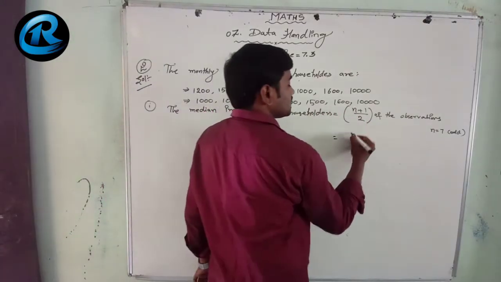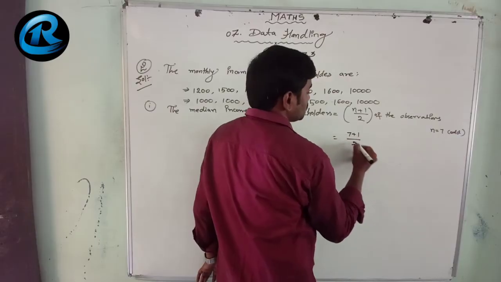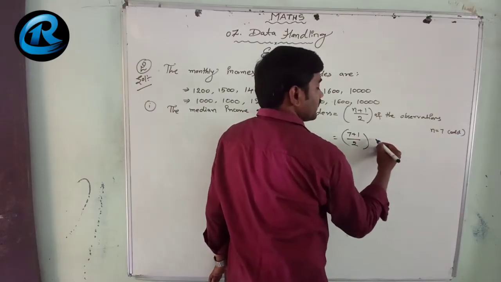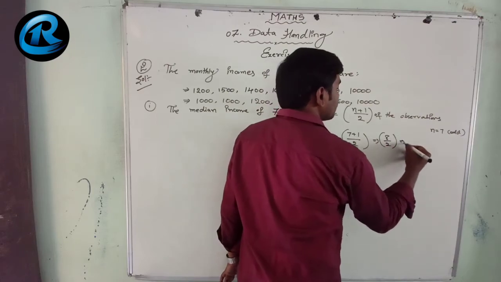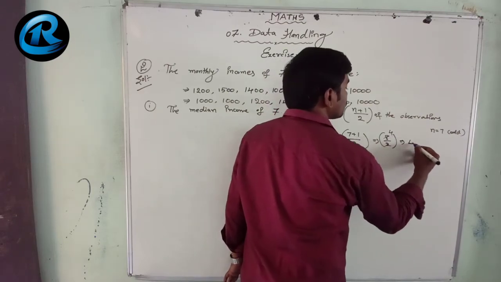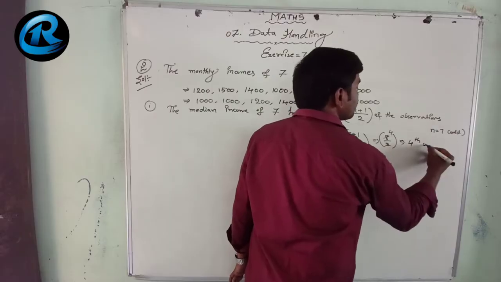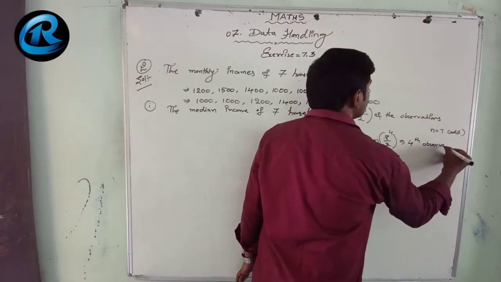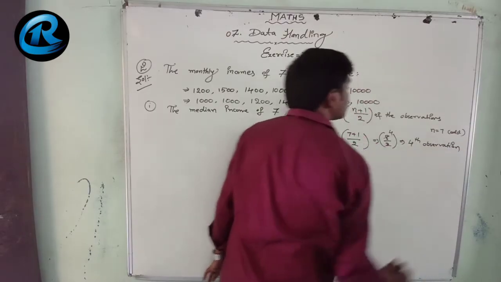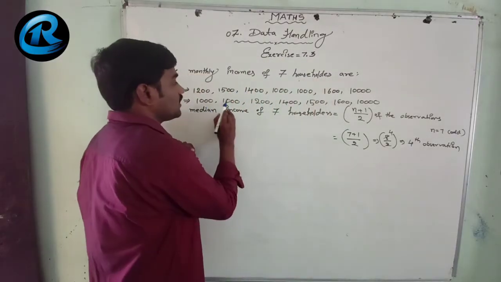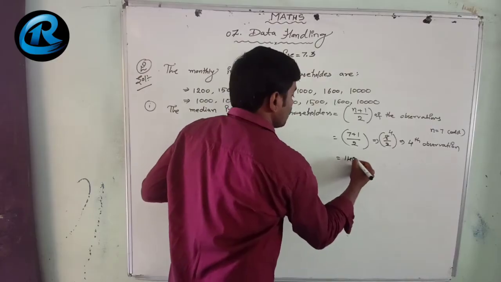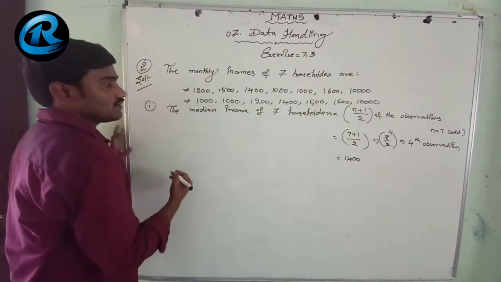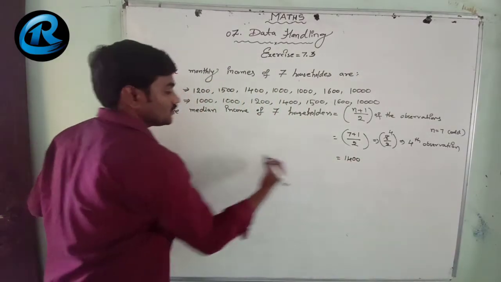What is the n value here? 7. 7 plus 1 by 2 is equal to 8 by 2, that is equal to the 4th observation in the data. What is that? 1, 2, 3, 4. That is 1400. This 1400 rupees is the median income of 7 householders.